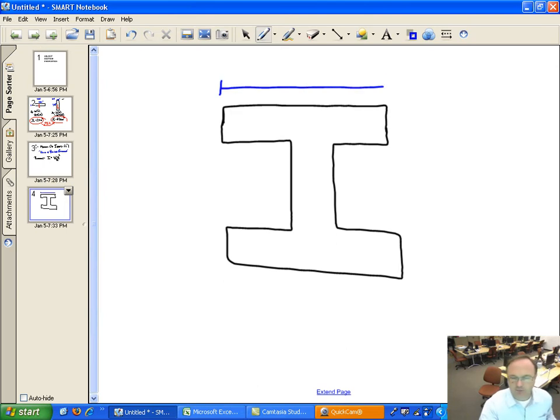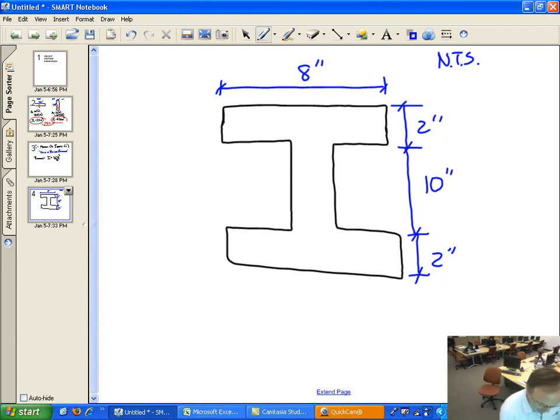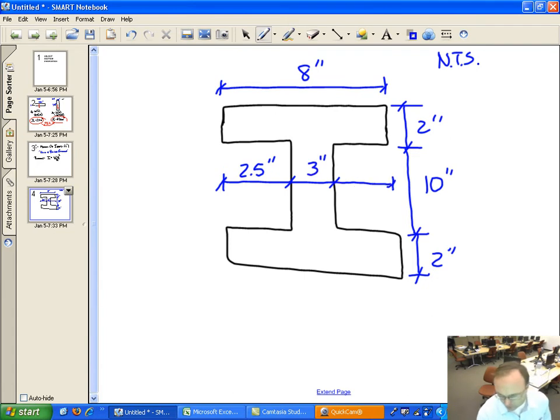Let's say this up here is 8 inches. This right here is 2 inches, and this isn't to scale. 10 inches, 2 inches, 2.5 inches, 3 inches, 2.5 inches. So this is our cross section.